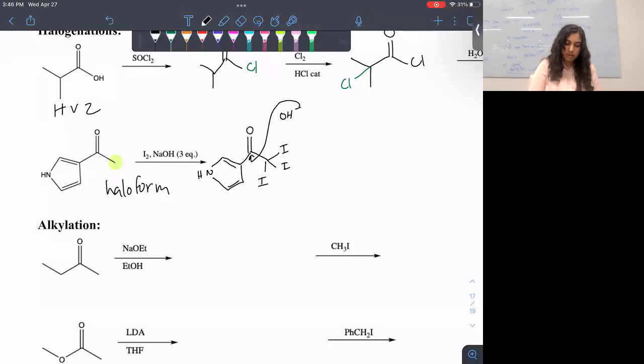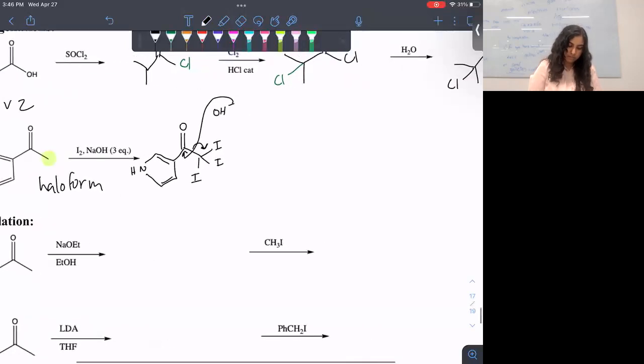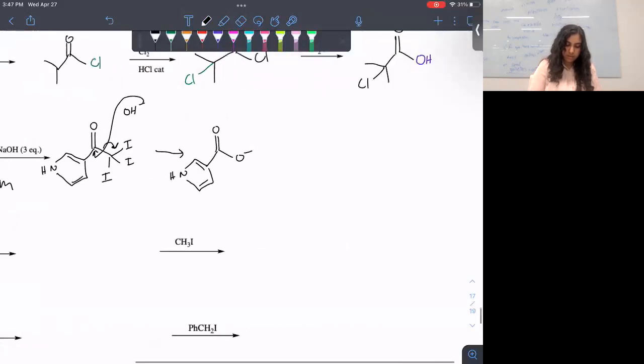And then the carbon attached to the three iodines just hops off. So now we get our carboxylate ion, plus our methyl with three halogens attached to it. The CHI3, this is the haloform.